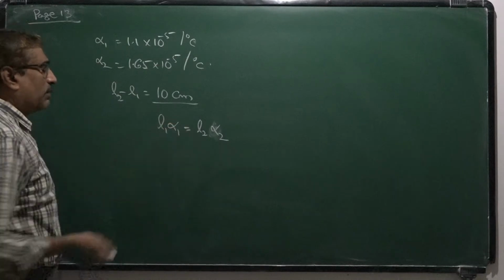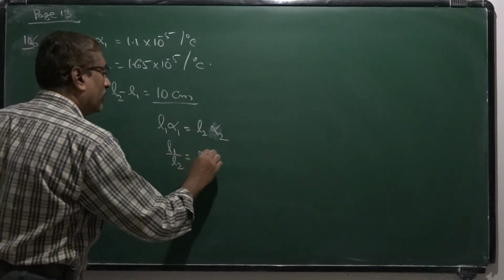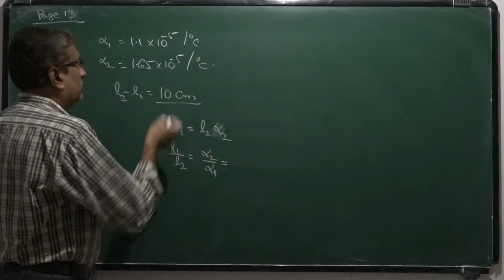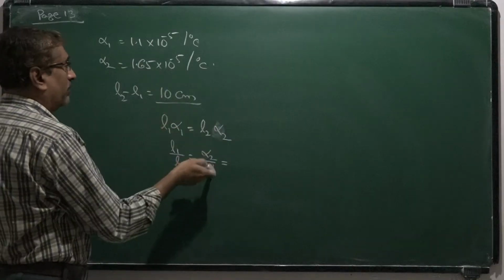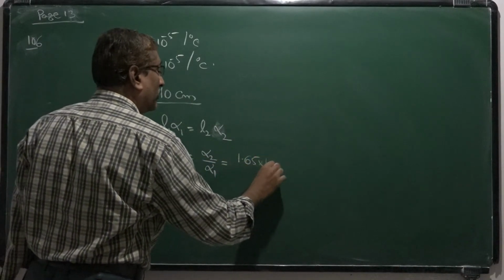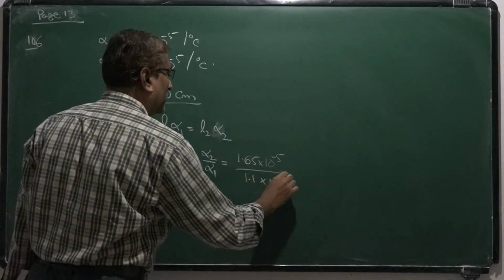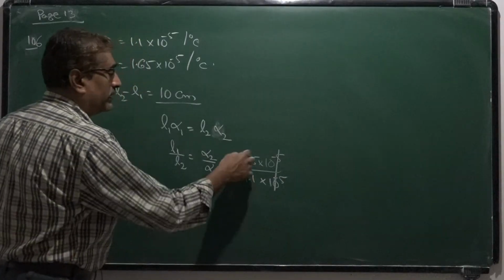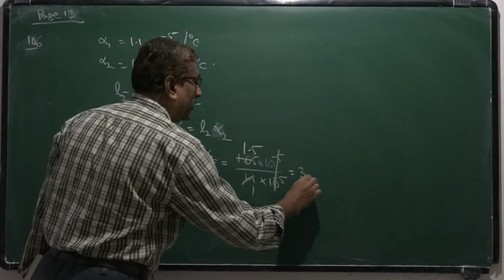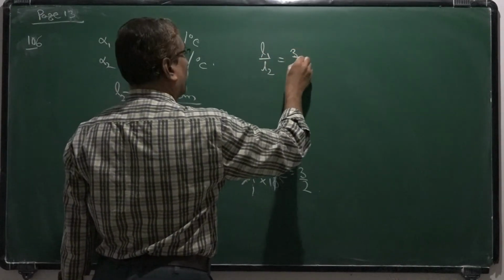So, from this we can have L1 by L2 is equal to alpha 2 by alpha 1. So, 1.65 into 10 to the power minus 5 by 1.1 into 10 to the power minus 5. So, cancel out this and this is 1.5. So, 1.5 means 3 by 2. So, L1 by L2 is 3 by 2.